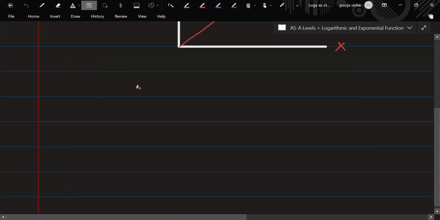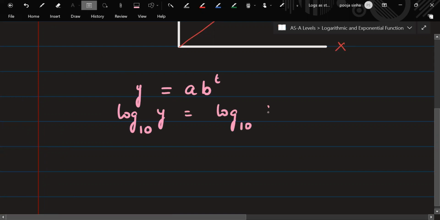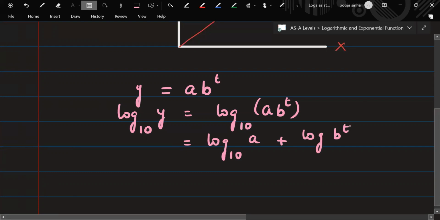So you know that y is equal to a b raised to power t. This is given to you. What will happen if I take log on both sides? Suppose I take log to the base 10, or even log to the base e, the same thing on both sides. This is how it will look: log y equals log of a b raised to power t. It can further be written as log to the base 10 of a plus log of b raised to power t.